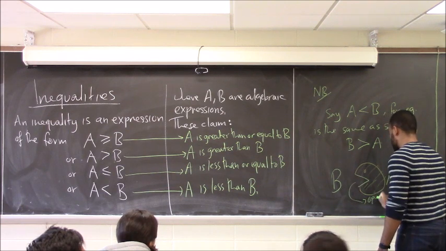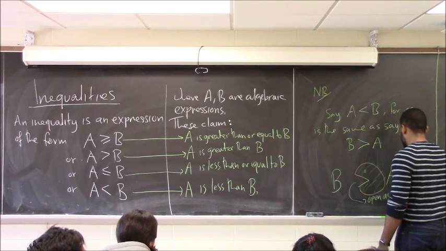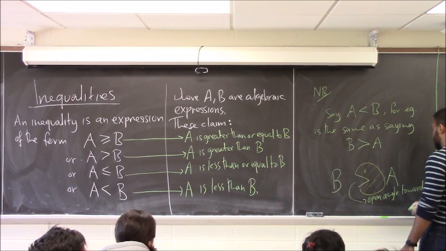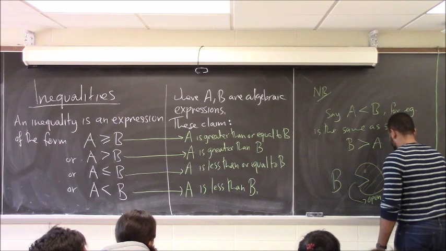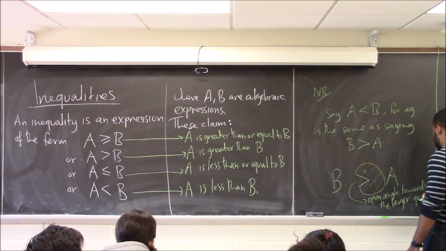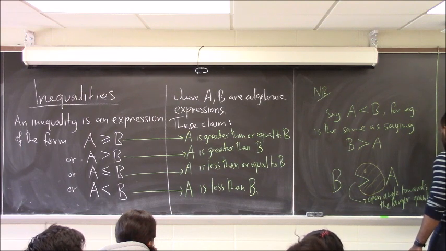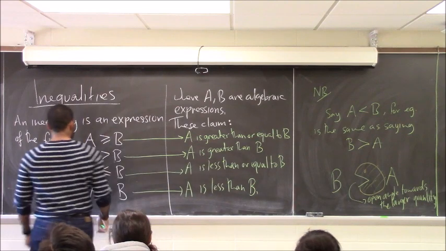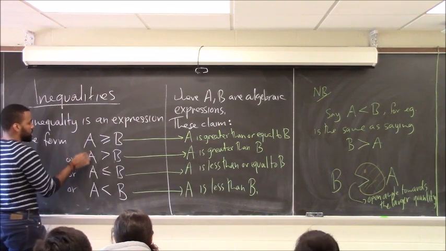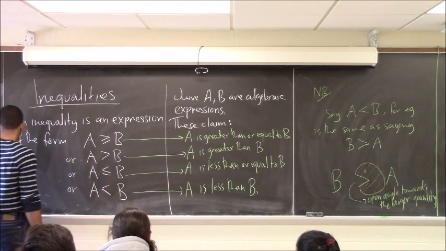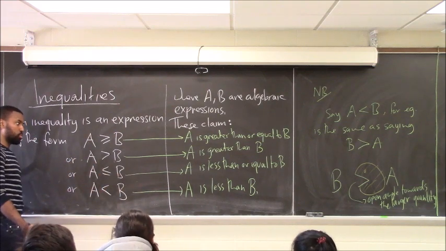Open angle always towards the larger thing. He's very greedy, Pac-Man. So this means A is potentially the larger one, here it's strictly the larger one, there B is the larger one. The mouth always opens to the larger one.